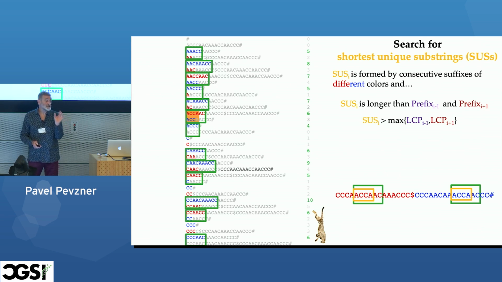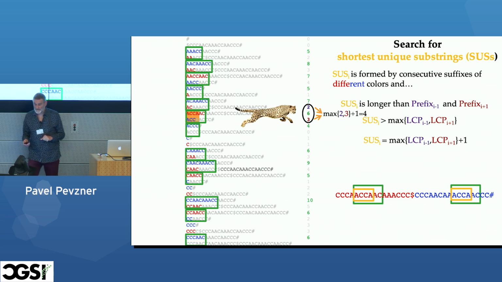A substring represents the shortest unique substring if it doesn't appear before and it doesn't appear after, in the previous row and in the next row. And we know the condition for this. SUS, the length of the shortest unique substring, should be larger than the maximum of the previous LCP and next LCP, larger but not too much larger, which means SUS should be equal to the maximum plus 1. And that's sufficient for this being unique. So in this case, we look at 2, 6, and 3.